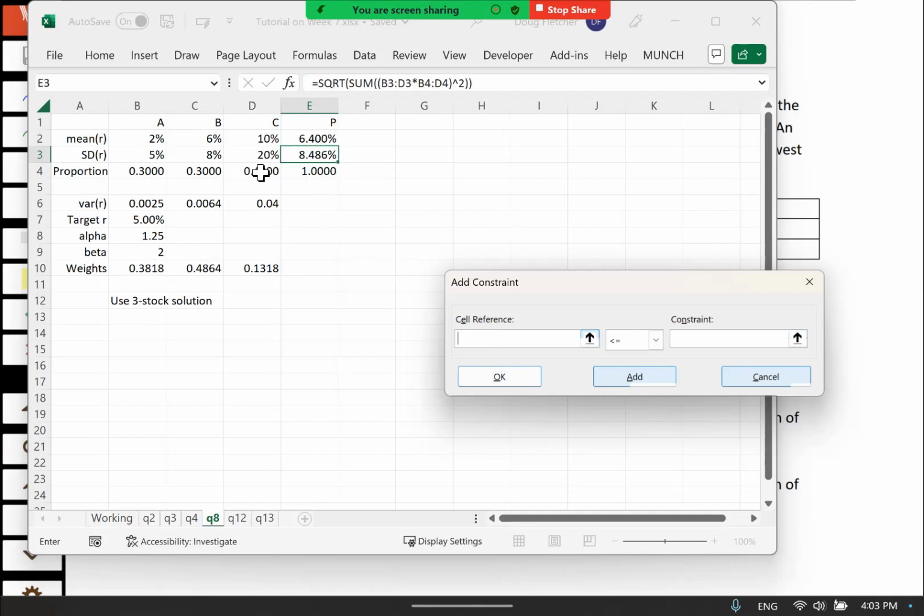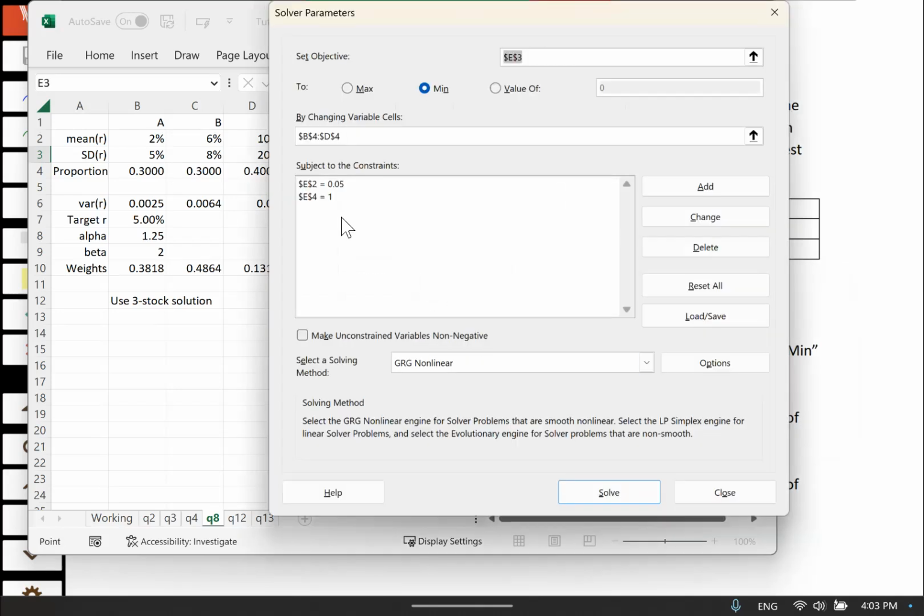And so we've got the total of the proportions here in our sheet, and we set that value equal to 1. And that's all the constraints that we need, except that we also need to make the individual proportions non-negative. Okay, so don't forget that bit, otherwise you'll get different solutions. Okay, so let's go ahead with this and solve.